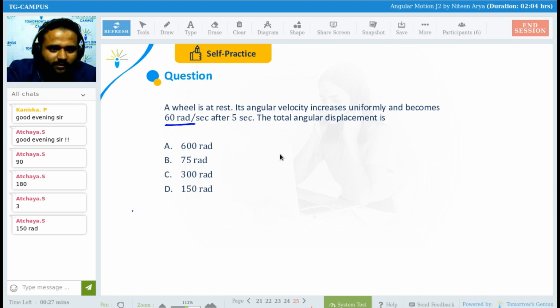A, B, C, or D? Tell me, other students also. Acha says 150 radian means D, but I don't think so. I think that is C. Is this correct or not? You also got 150. Any others also?